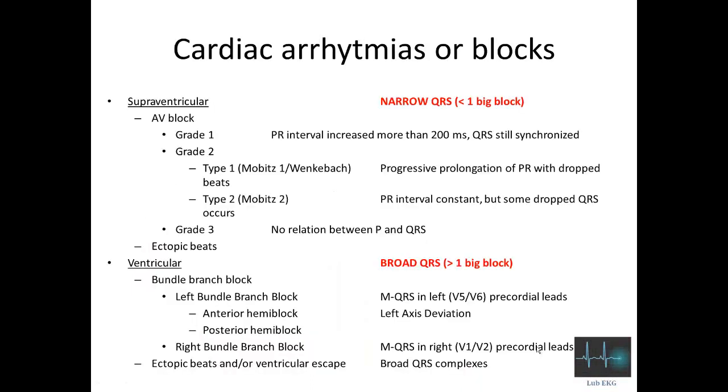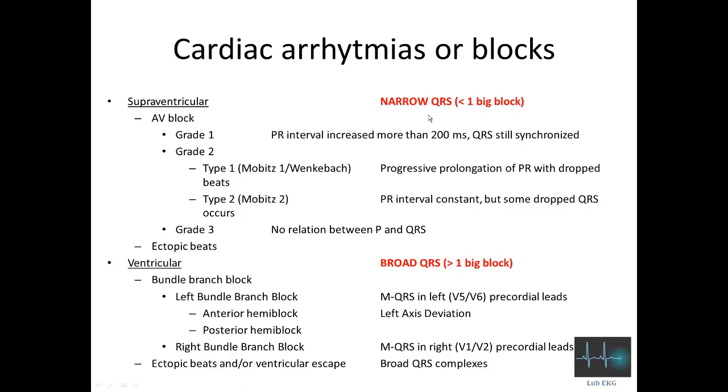Now, these are all the different blocks that you can encounter. It looks kind of extensive, but to make it simple, we just divide them into two groups, supraventricular or ventricular, and the biggest distinguishing characteristic between these two is that in a supraventricular block we have a narrow QRS, less than one big block, because the arrhythmia, the problem of conduction, is above, supra, the ventricles.